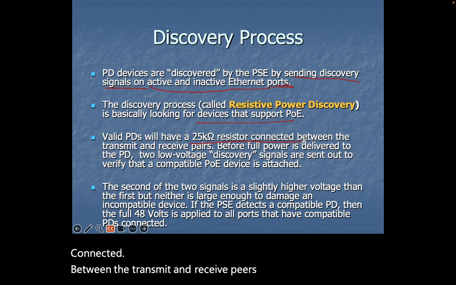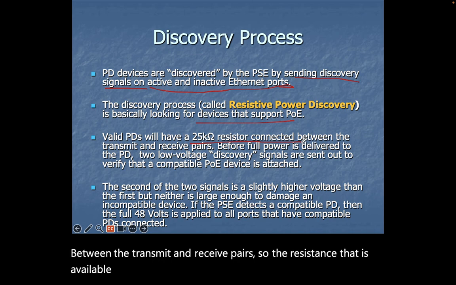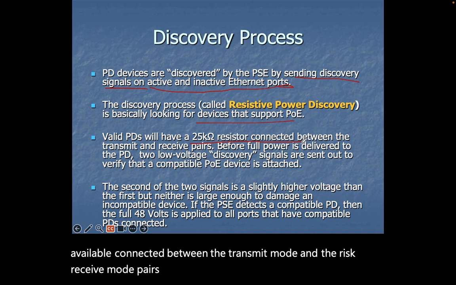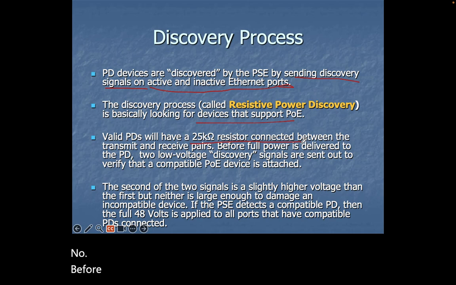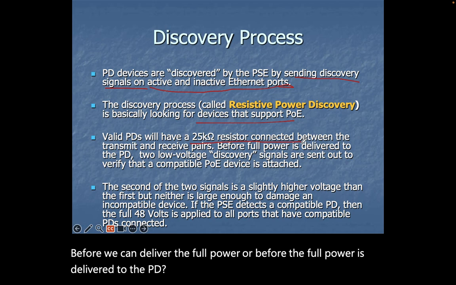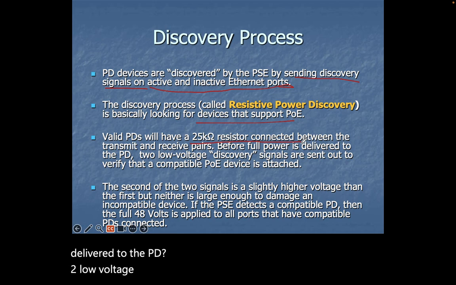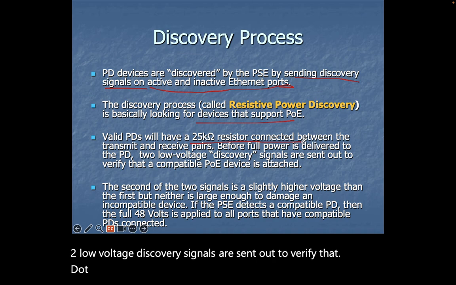Before the full power is delivered to the PD, two low voltage discovery signals are sent out to verify the compatibility of the PoE device being attached to the system.